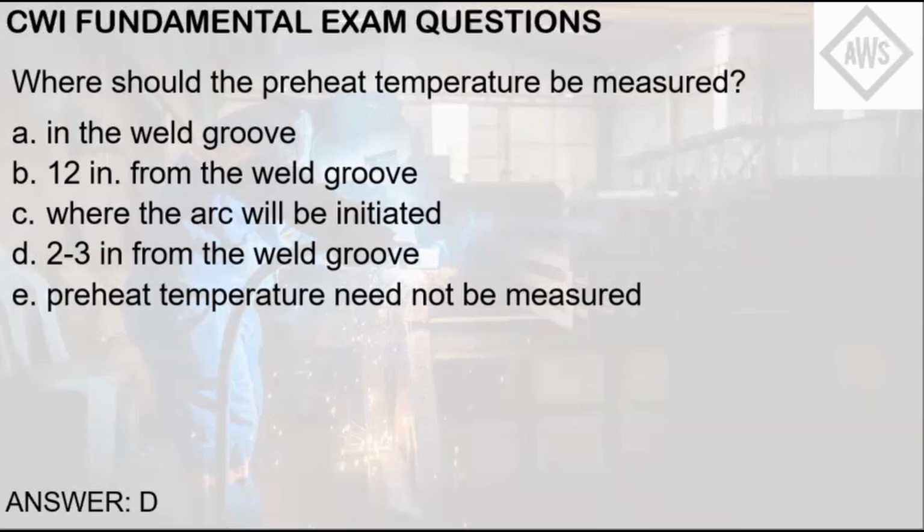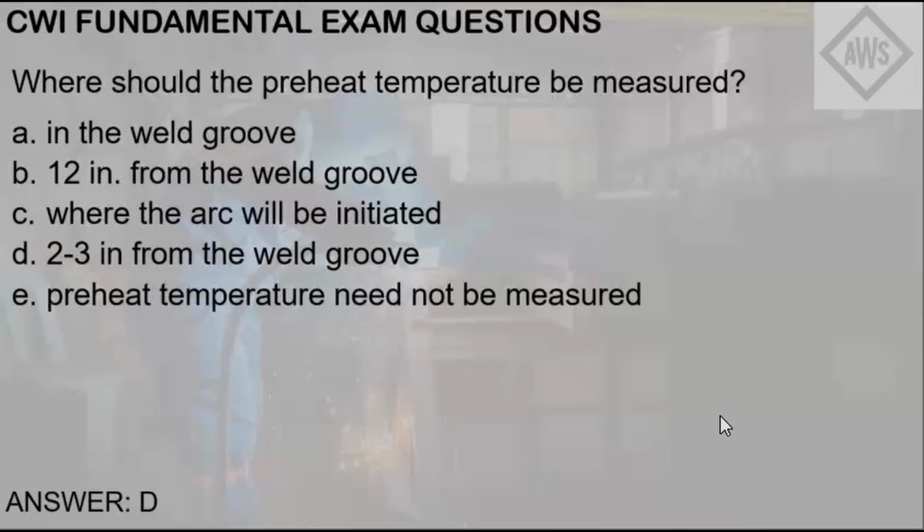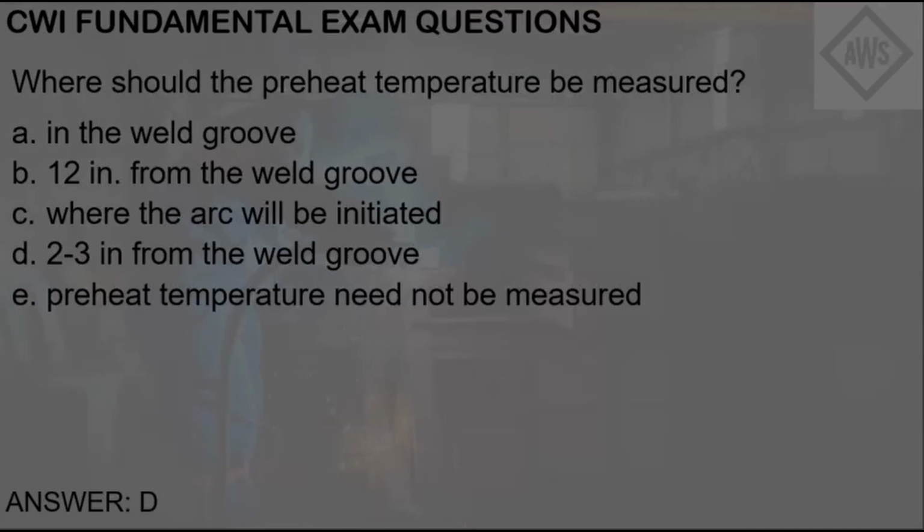This is the location where the preheat temperature must be measured to ensure that effective slowing down of the cooling rate happens in the heat affected zone, because essentially that is what preheat does to the base metal. It slows down the cooling rate of the base metal, hence preventing the formation of martensite, and hence preventing brittleness of the base metal.